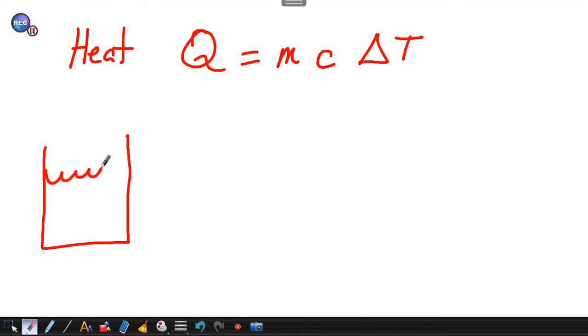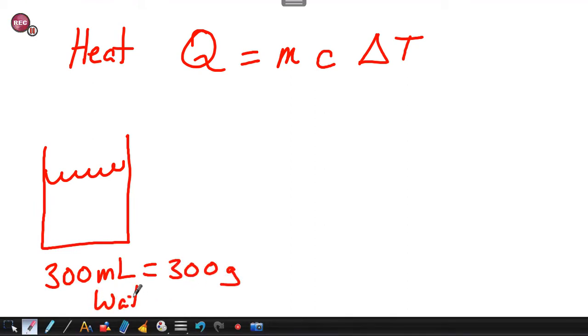So there's our water. It's 300 milliliters, and that means that it's 300 grams of water, because the density is 1 gram per milliliter, or yeah, that's right.